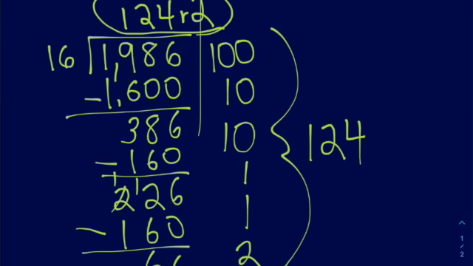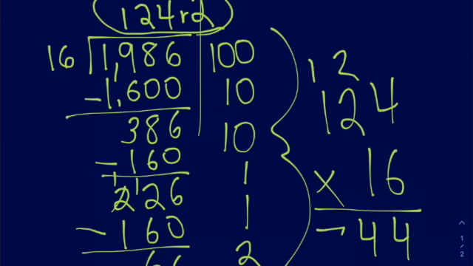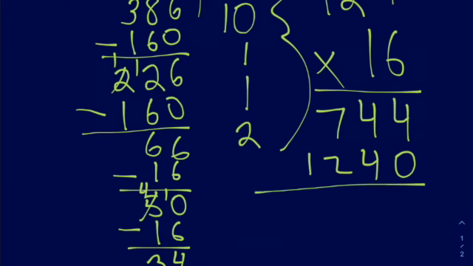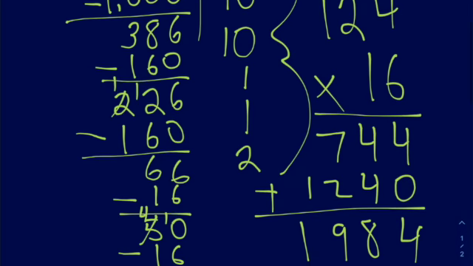So my check step here is going to be 16 times 124. 6 times 4 is 24. 12, 13, 14. 1,984, and if I add 2 to that, my remainder, I should come up with my original dividend.